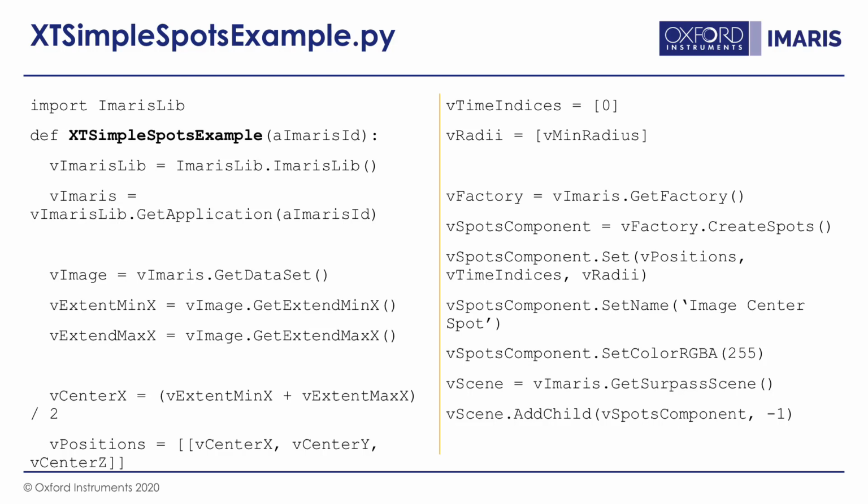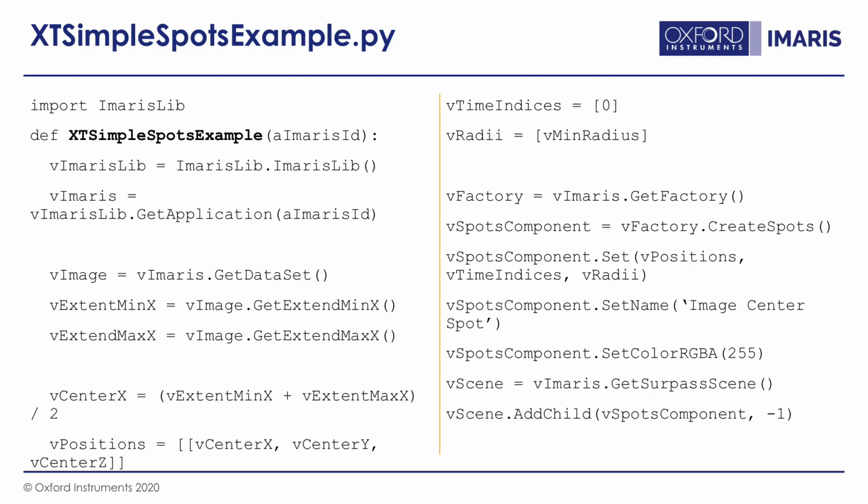We place a center spot into the image. So we need to know what is the center position of the image. For that, we get the data set with vImage equals vImaris.getDataset.